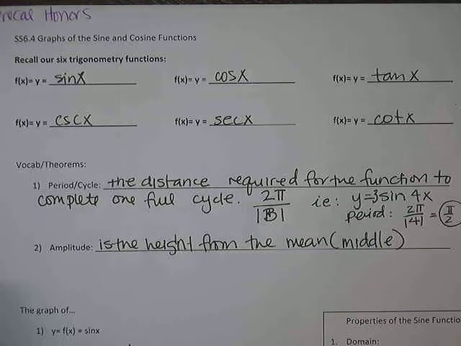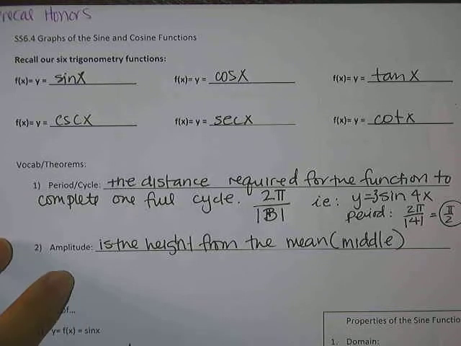So why is the amplitude important? The amplitude and period are important in the study of music. For example, amplitude indicates the energy or the loudness of a sound, and the period determines its pitch, the frequency. So that's why amplitude and period are really important.